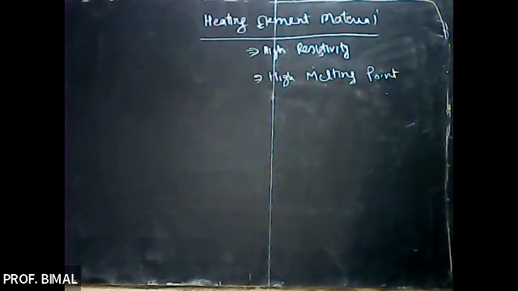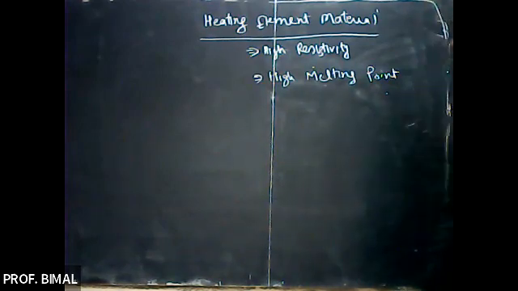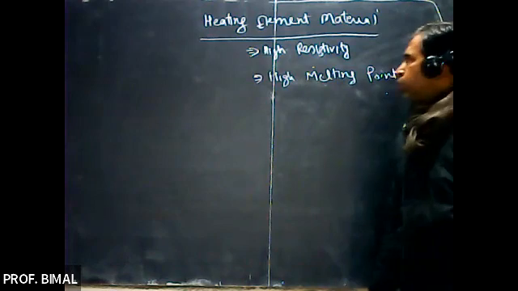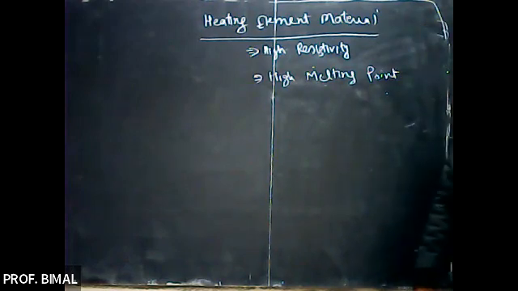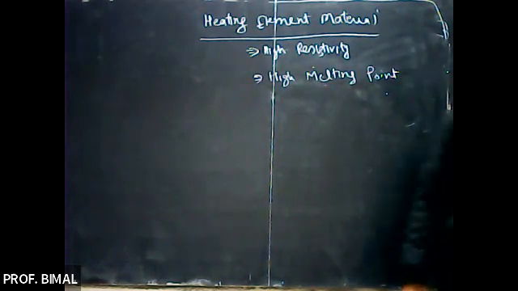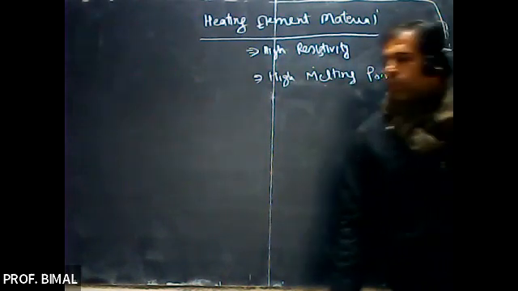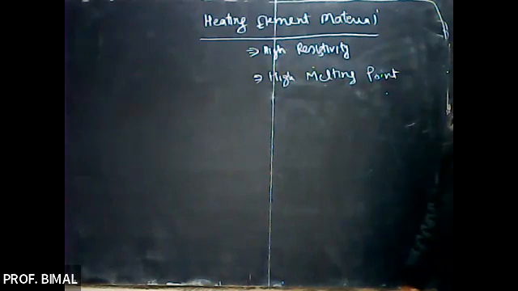So if the material from which your heating element is formed is not suitable to withstand that high temperature, then obviously your heating element will melt and become molten, and it would not be able to provide heat to the substance which I want to heat up, right?